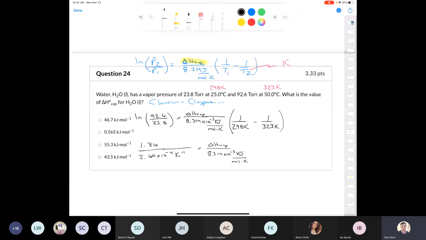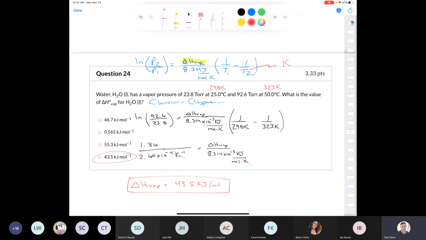You can see that Kelvin cancels out, so the units of temperature cancel out. And I'm left over with delta H of vaporization, which is equal to 43.5 kilojoules per mole. Delta H of vaporization, 43.5 kilojoules per mole.